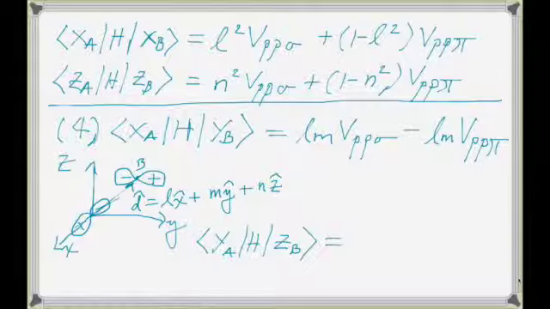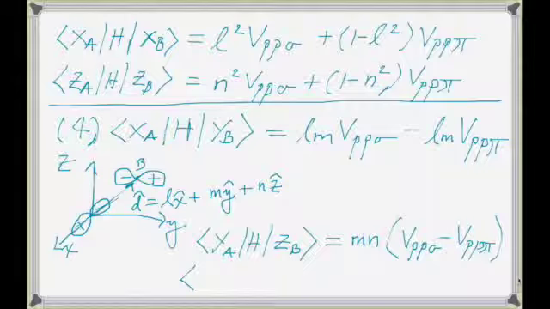So I'll have mn, and I can just factor it out: V_ppσ minus V_ppπ. And similarly, if I put an x and a z, x on A, no, what did I do? I did a y and a z, now x and a z.